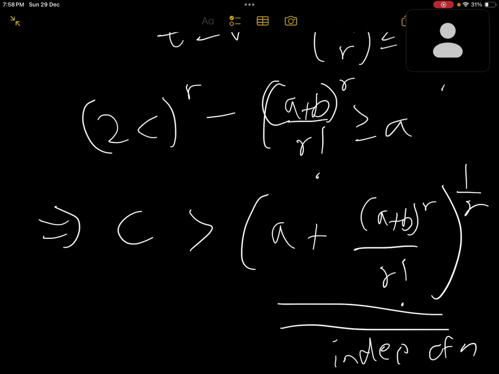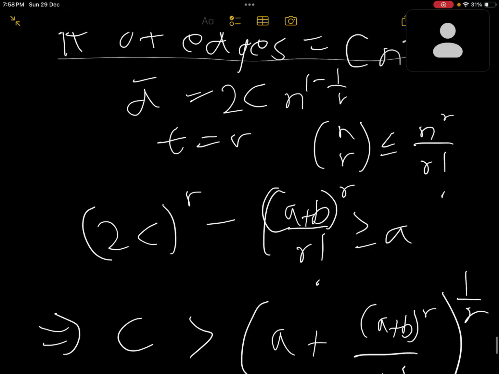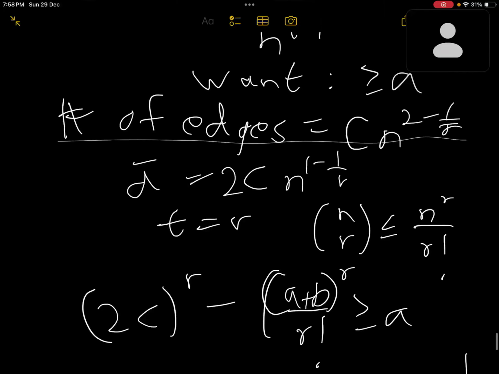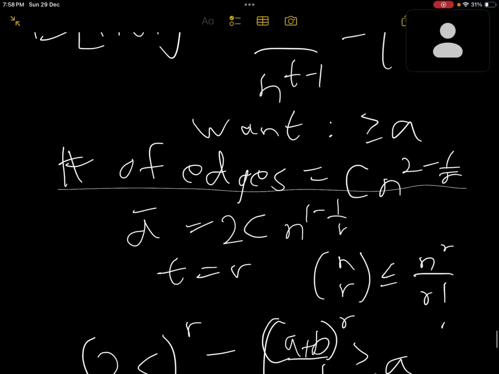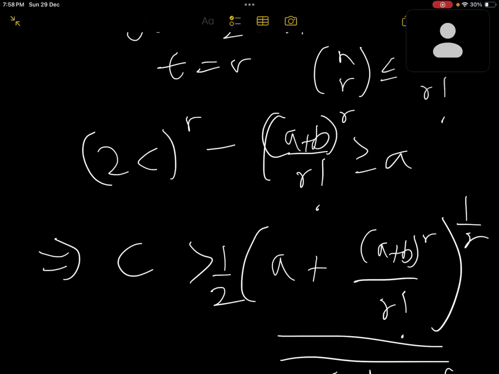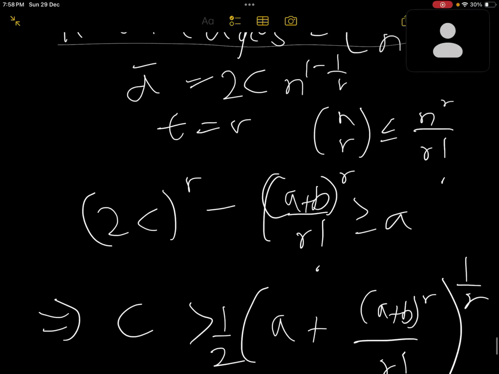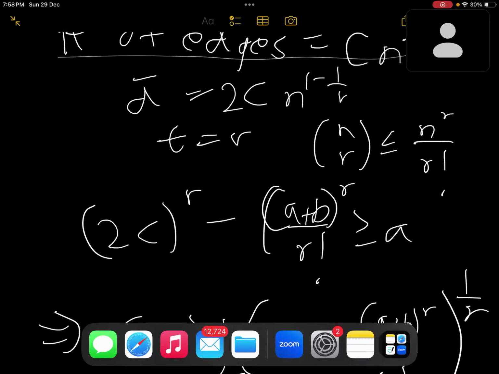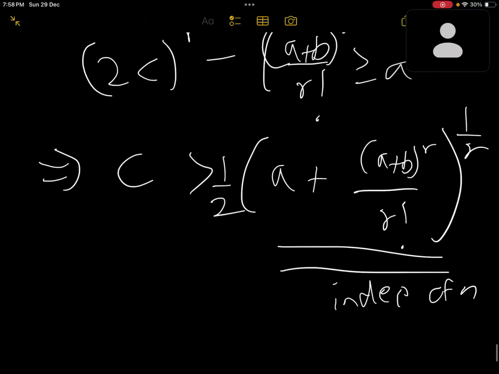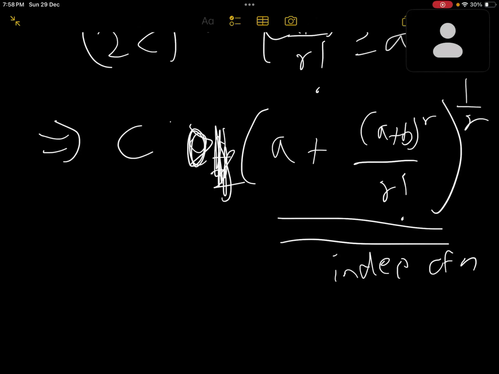Like 2C to the R should be greater than all of this over 2, because it's 2C to the power of R. In fact, even if you remove the 2, that will still be true. It doesn't change anything. So in fact, you can take C exactly equal to this quantity, and that will work.